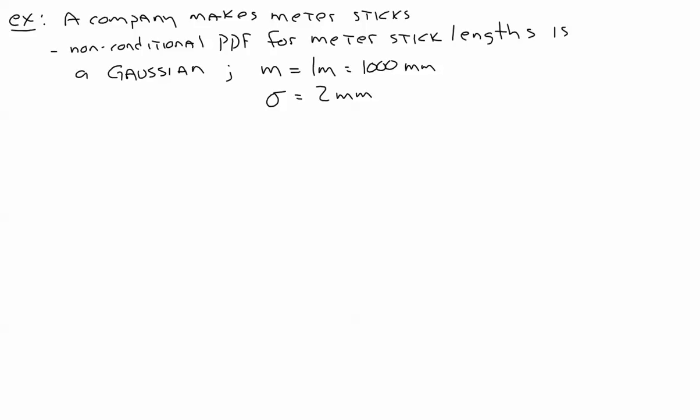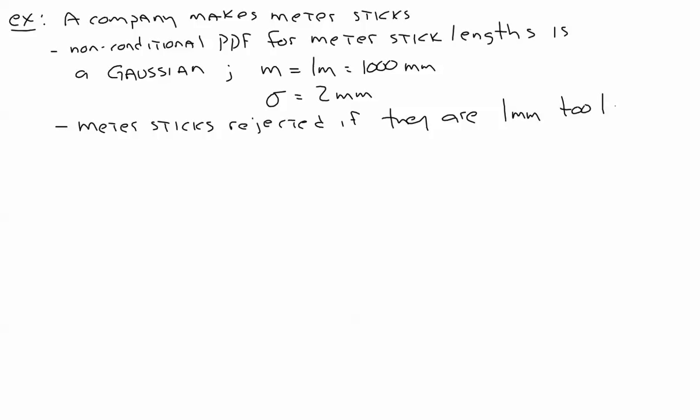All right, and all my meter sticks are inspected after coming off the line in some quality control step, and they're rejected if they are 1 millimeter too long or too short.